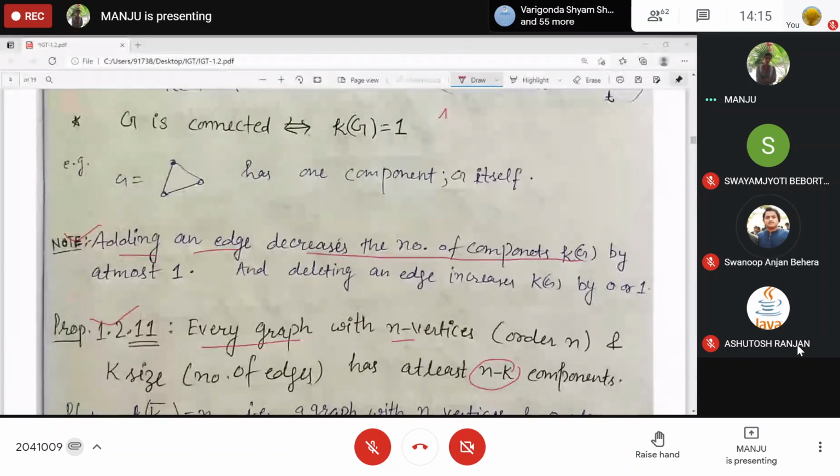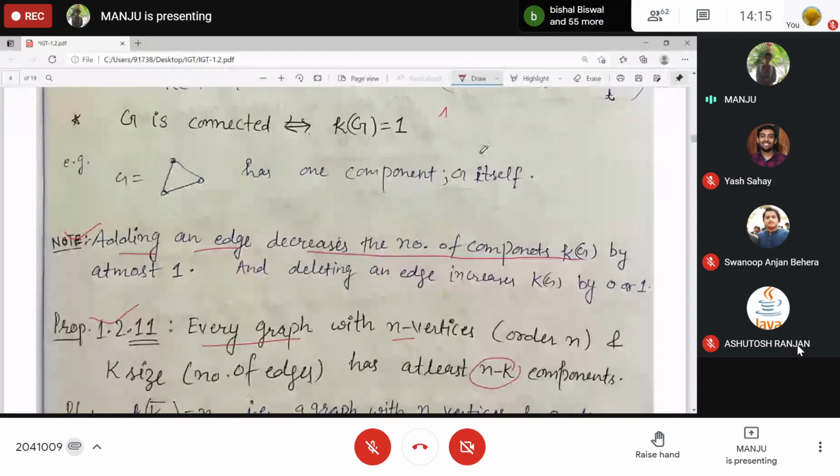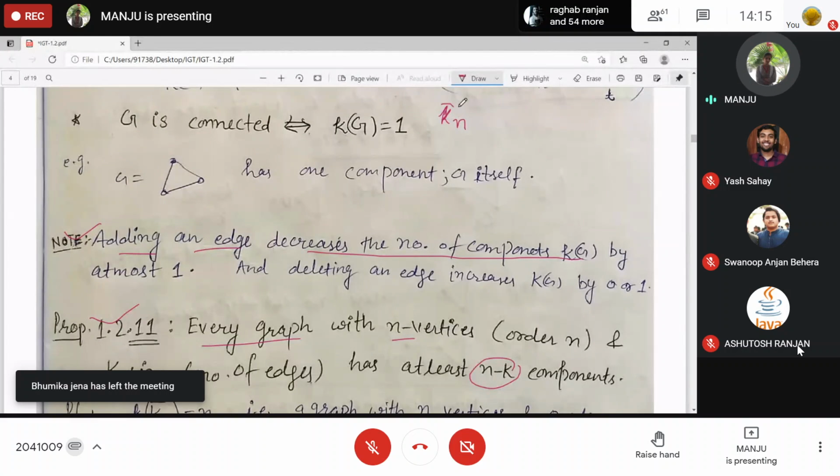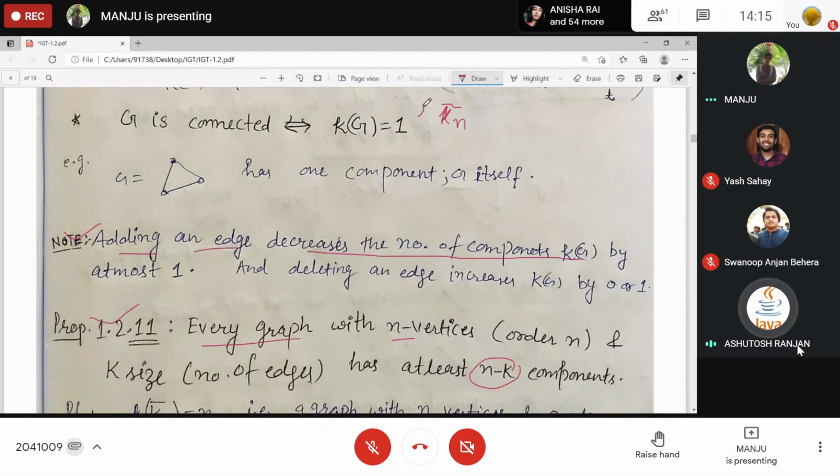Yes, ma'am. Okay. So I will start with just n vertices, and n vertices we denote by K n complement, right? How many components does it have? N components, right?